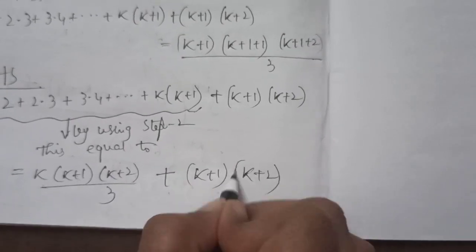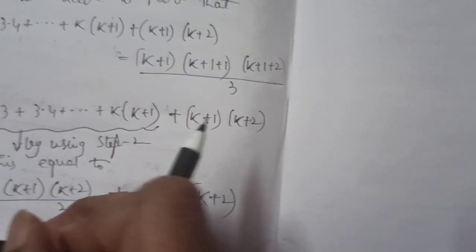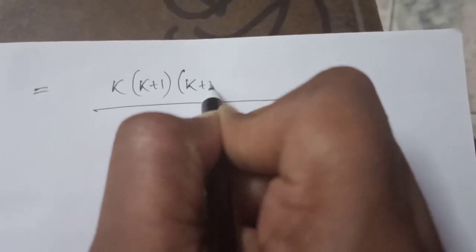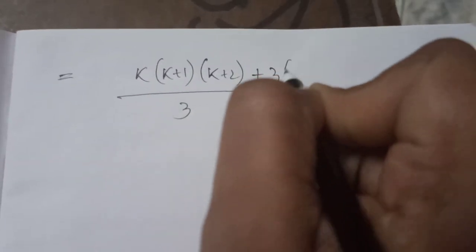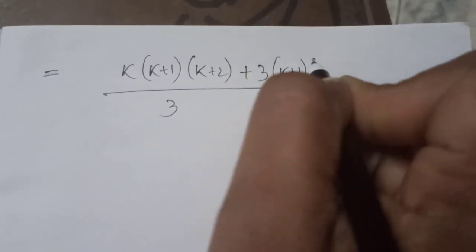Okay, these two as it is I am writing. Up to this much I am replacing the value with the step 2. Now the LCM is 3. So this becomes k into k plus 1 into k plus 2 plus 3 into k plus 1 into k plus 2. Okay.